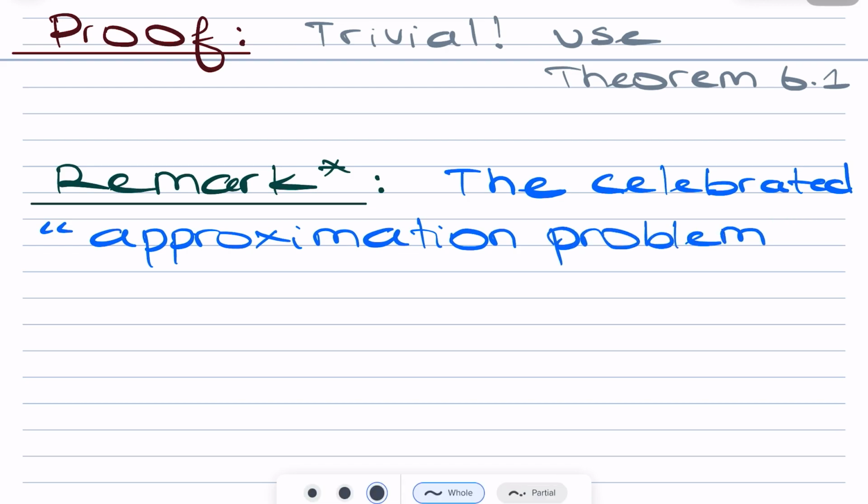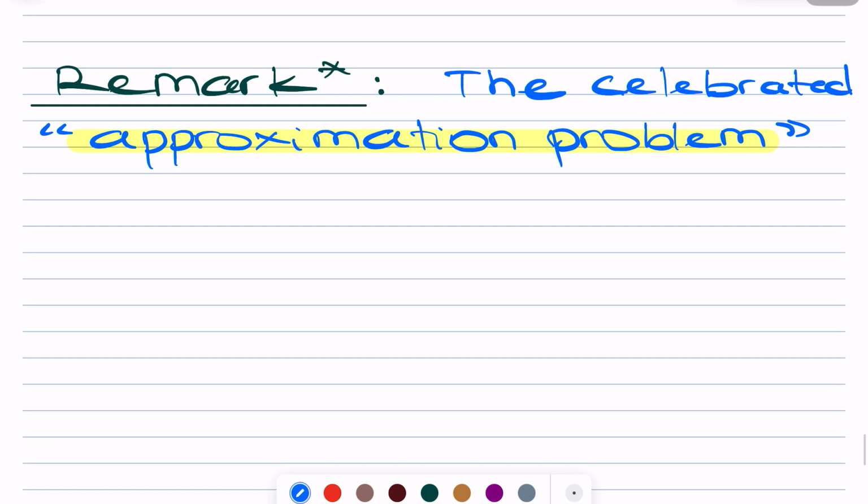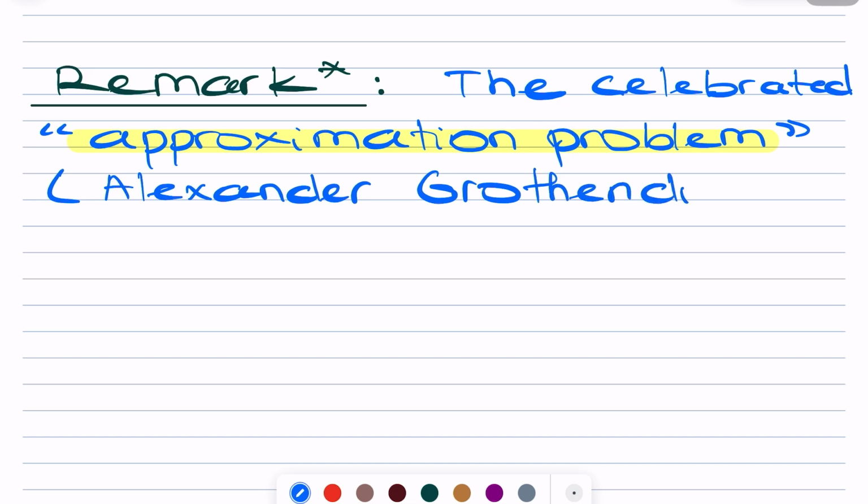This was first attributed to Banach in 1932, and later on to Alexander Grothendieck in 1955.